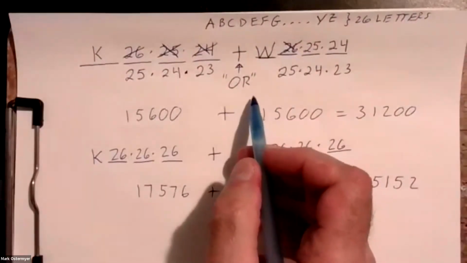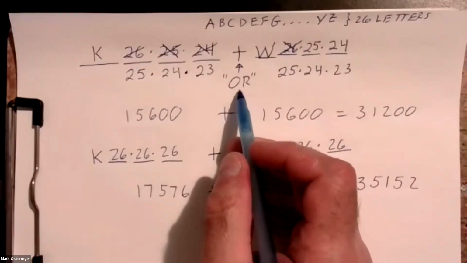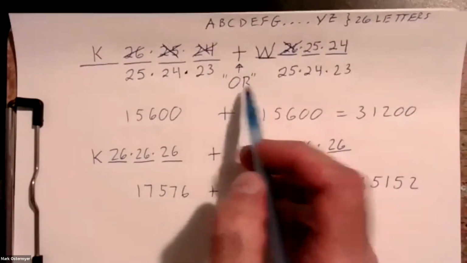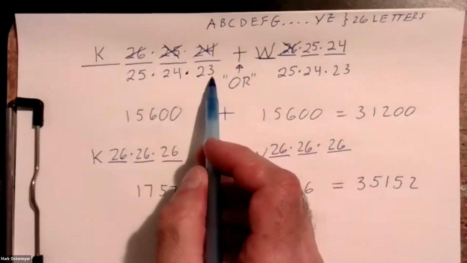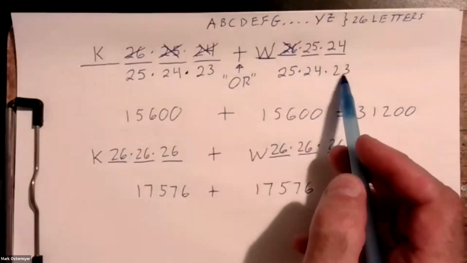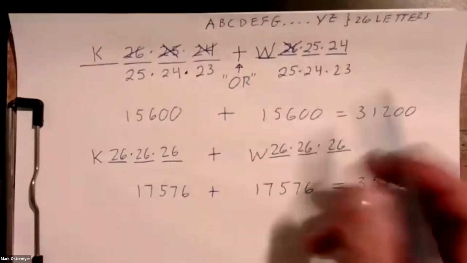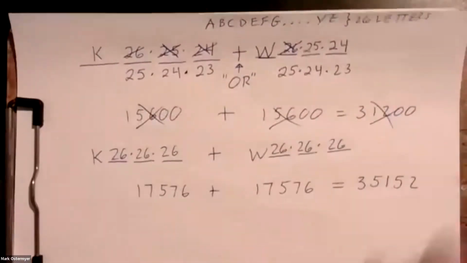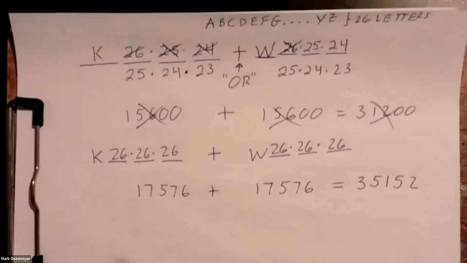Now, or means we do what? What does or mean? Or means we add. Do you agree? So we have to add the number of possible call signs where the call sign begins with a K to the number of possible call signs where the call sign begins with a W. All right, so what is 25 times 24 times 23? 13,800.